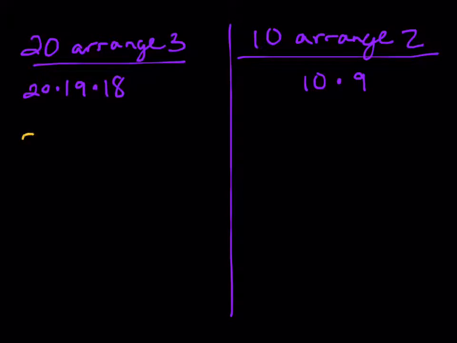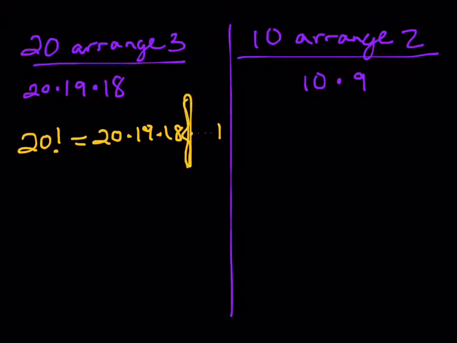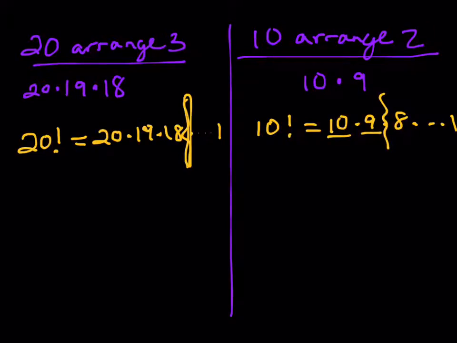If we did 20 factorial, that's 20 times 19 times 18, but then it just keeps on going all the way down to 1. What we really want is a formula that says, let's stop when we get to 18 instead of continuing on all the way down to 1. For the other problem, 10 factorial is 10 times 9 times 8 all the way down to 1, but what we'd like to do is just stop after the first two numbers and skip 8 all the way down to 1.